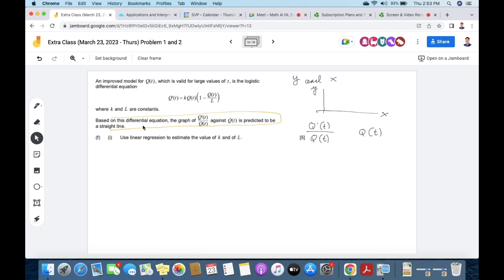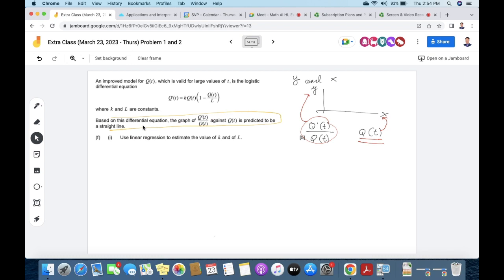Which one will depend on the other? Very good. Basically, this will depend on the value of this. Do you follow? Because this needs q of t. I hope it's clear. So this becomes your y, and this becomes your x. Is it clear so far before I proceed?